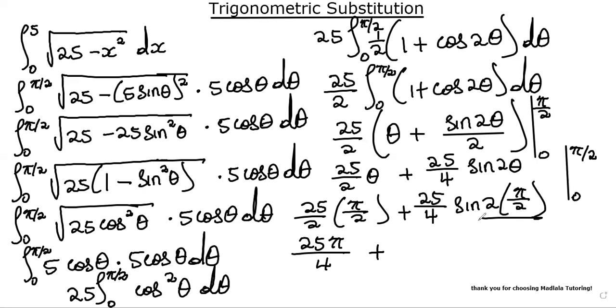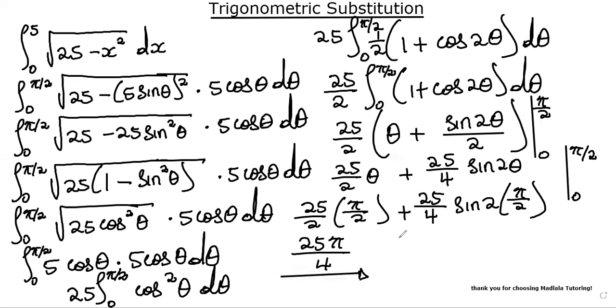And you come here and say, well, 2 multiplied by pi over 2 is pi. And the sine of pi, the sine of 180 degrees, is 0. It's at the x-intercept. And since the sine of 180 degrees is 0, this whole thing is going to die. So this implies the final answer will just be 25 pi over 4.